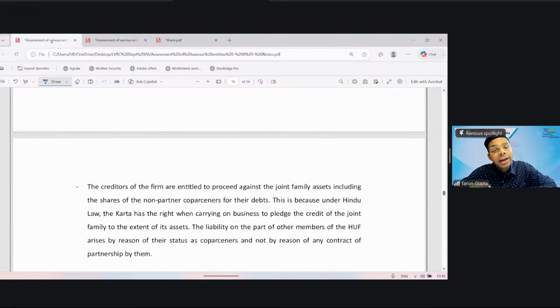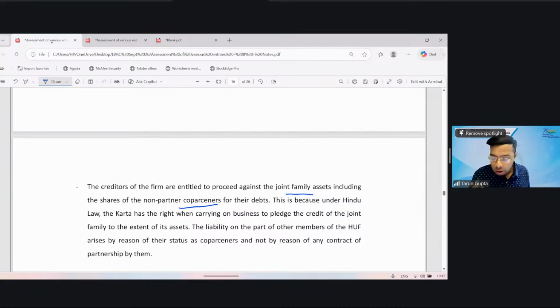But the creditors of the firm are entitled to proceed against the HUF assets, including the share of the non-partner co-partner, for their debts. So only the karta is a partner in his individual capacity, but the creditor of the firm can go against the assets of the HUF, even those assets which pertain to the share of other co-partners.